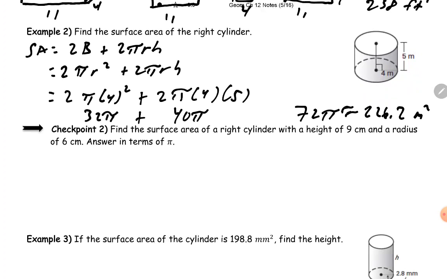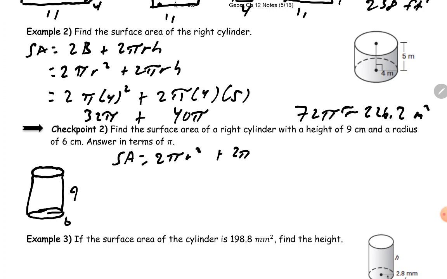Checkpoint 2. Find the surface area of a right cylinder with height 9 and a radius of 6. Alright, so we got a cylinder here with a radius of 6 and a height of 9. So surface area is 2 pi r squared plus 2 pi rh.